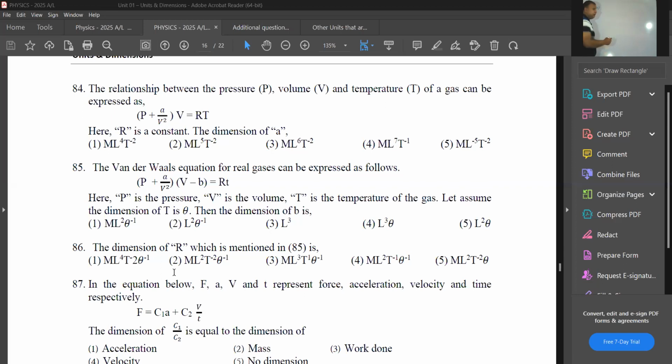According to the given data, we can clearly see P and A over V square are added to each other. So both should have the same dimension, because we cannot add or subtract different physical quantities.